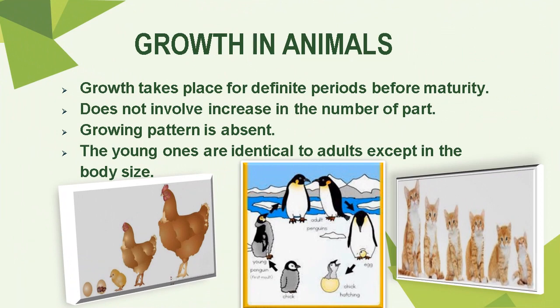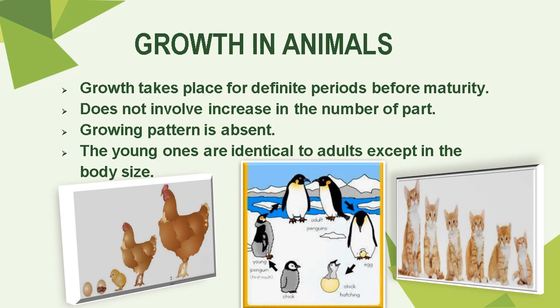Growth in animals. Growth takes place for definite periods before maturity. Here, it does not involve increase in the number of parts. Each species has a distinct season for growth. Growing pattern is absent.